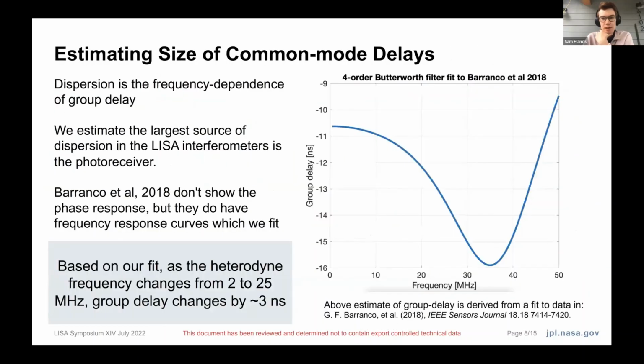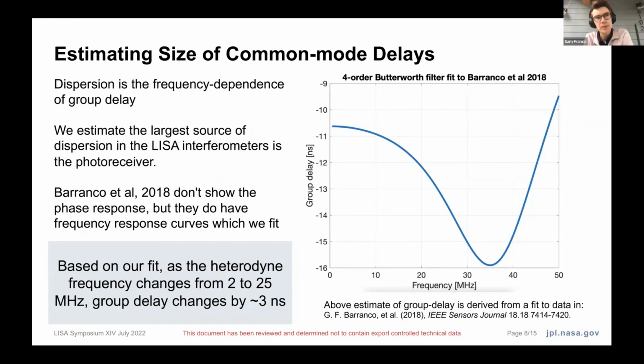Yeah, that would be an ideal way to do it. Our estimate is really just a fit to some data in a paper. So I think the people working on the photodetector would want to characterize this and understand how repeatable it is between the different photo receivers that are built.